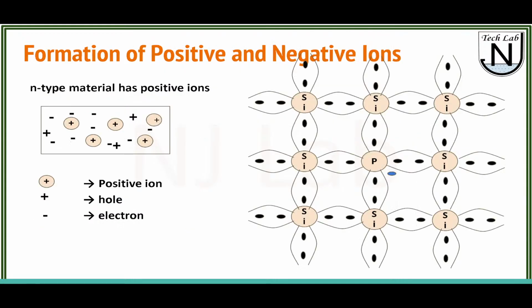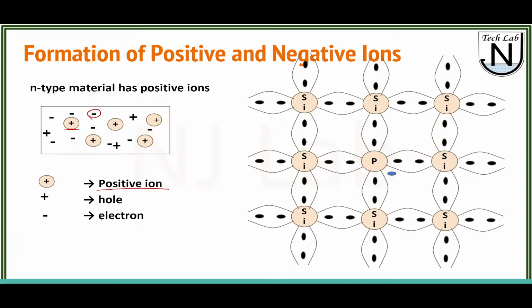And now, as we already discussed, since the impurity atom has donated its electron, it acquires a positive charge and is known as a positive ion, right? And apart from that, in this n type, the majority charge carriers will be electrons.